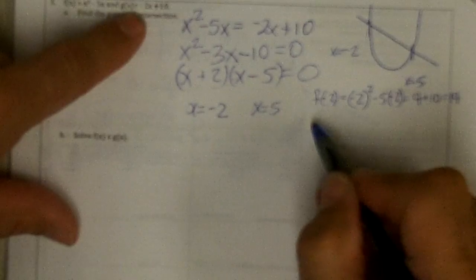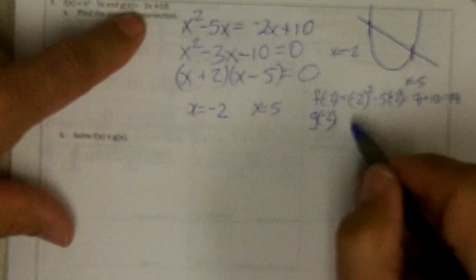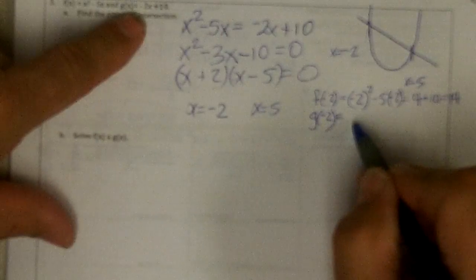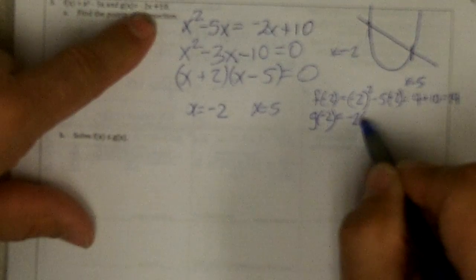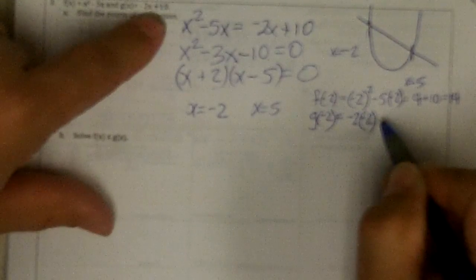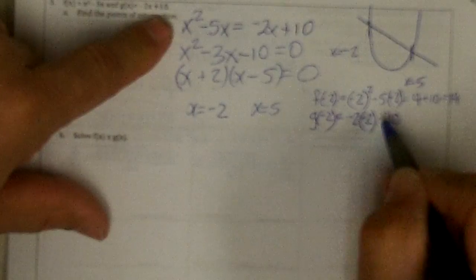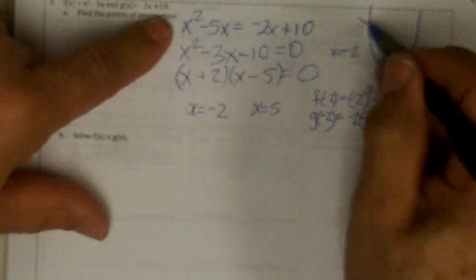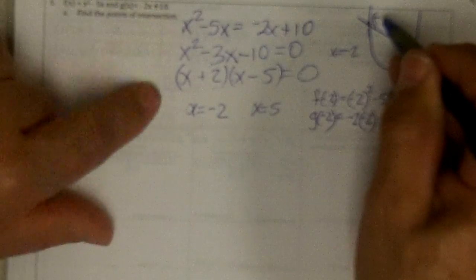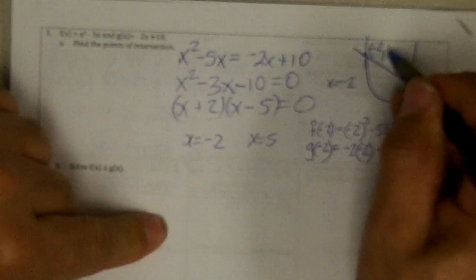And if I put it into g at -2, I get -2 times -2 plus 10. -2 times -2 is plus 4, plus 10 is 14. So that verifies that they do cross at -2, 14.